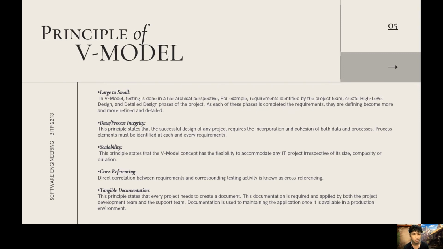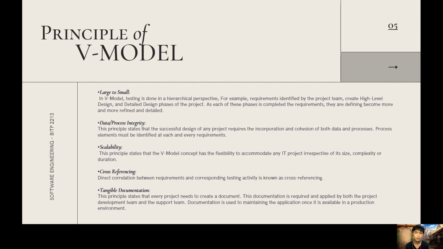In data process integrity, this principle states that the successful design of any project requires the incorporation and cohesion of both data and process. Process elements must be identified at each and every requirement. Next, scalability.